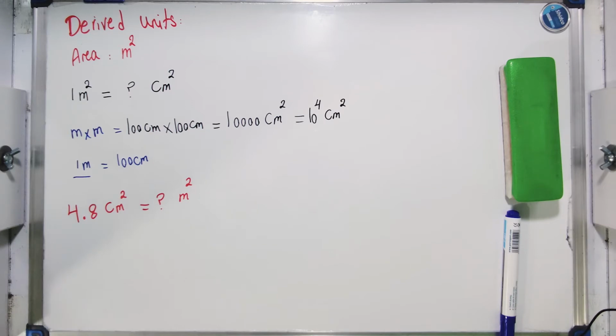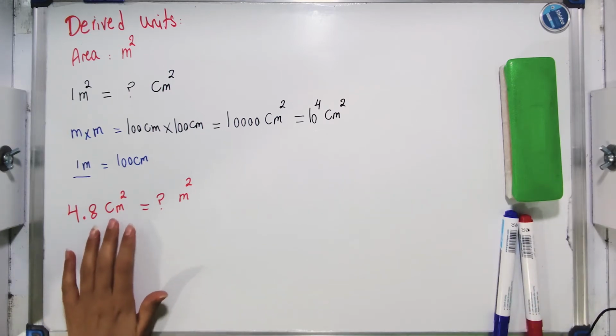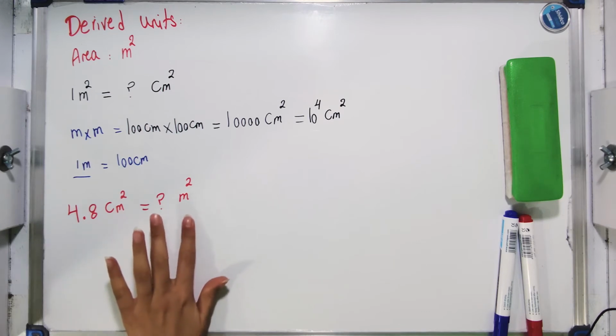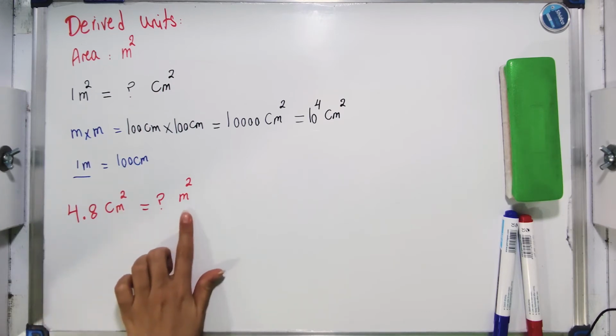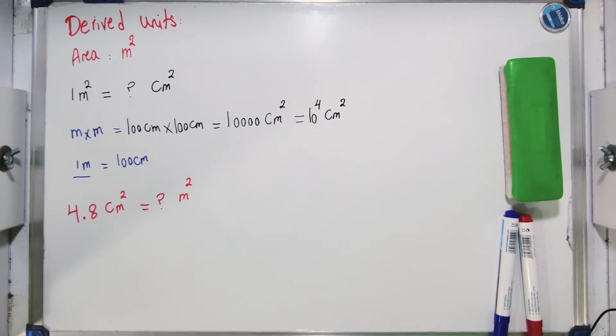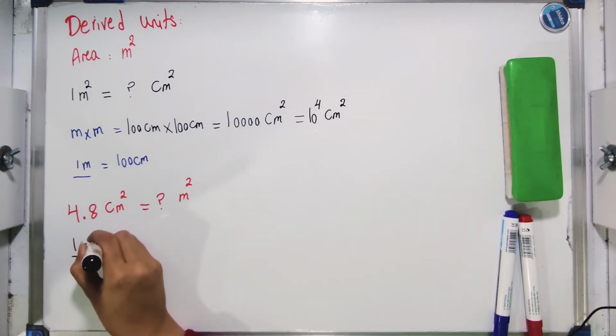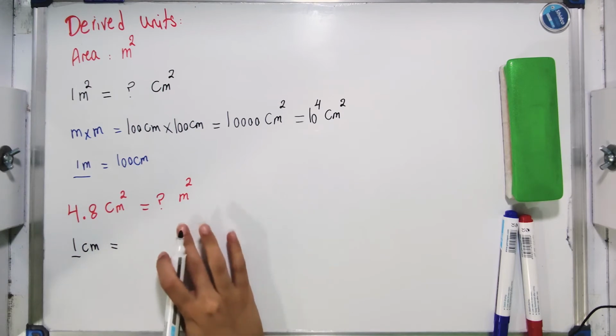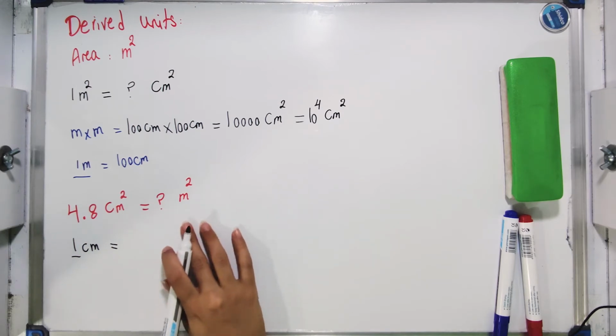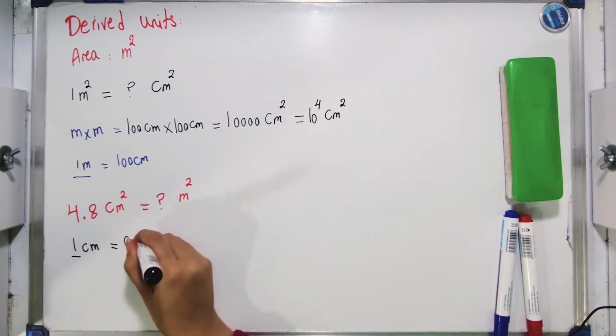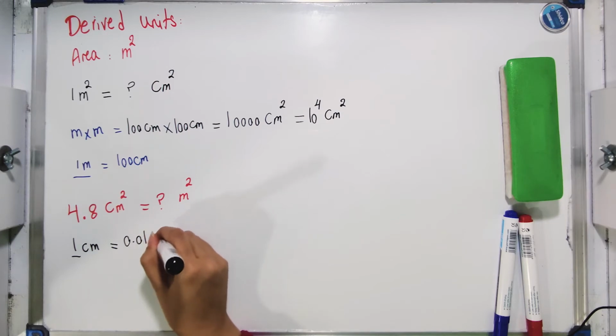I'm asking this question. So first, you are changing centimeter to meter. So you are supposed to say 1 centimeter is equal to how many meters? 0.01 meters.